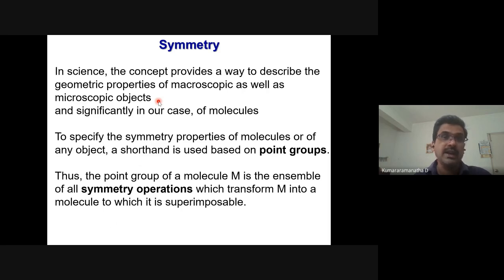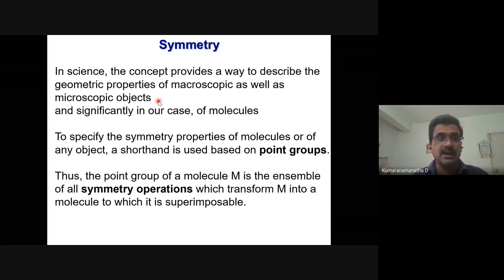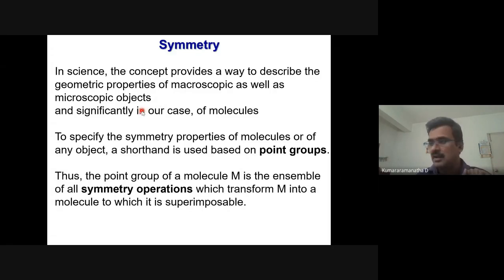You can take a tree, or even, for example, the Taj Mahal, which is a very large object, or a microscopic object, for example a molecule of ethane or methane. That is the reason we are jumping from a very high-level object to smaller objects, because we are looking at molecules.